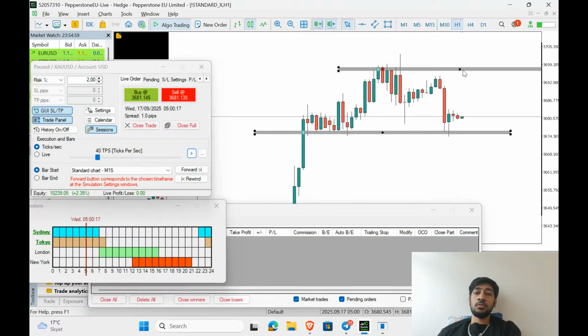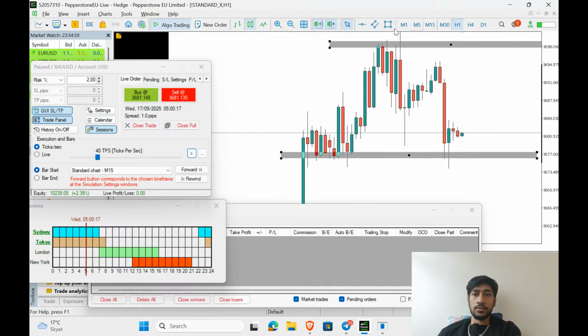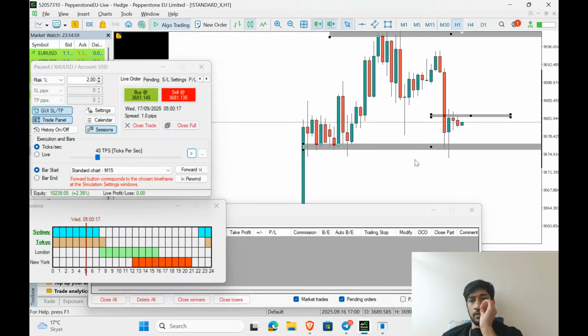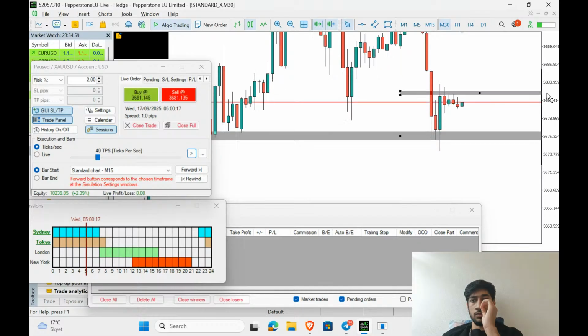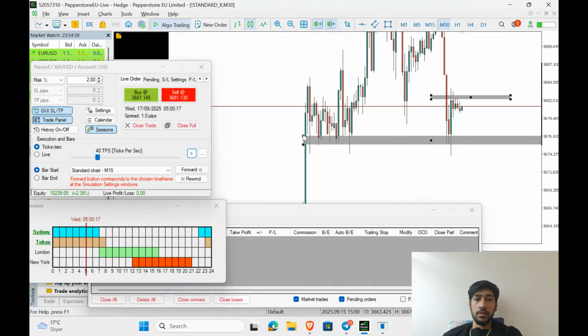So let's drop down to the 1 hour time frame. Looking at the 1 hour time frame, we have this minor resistance, and if we break above this resistance, we have clean range, and if we break below this support, we have clean range to the downside. So let's switch back to the 30-minute time frame.